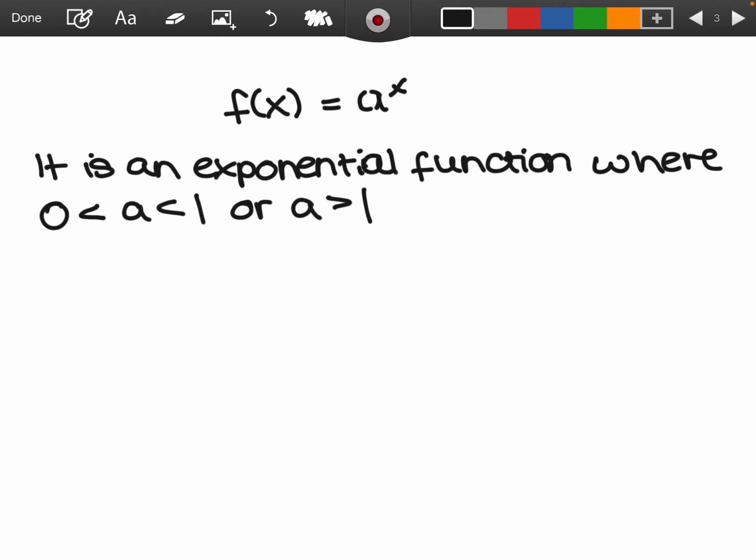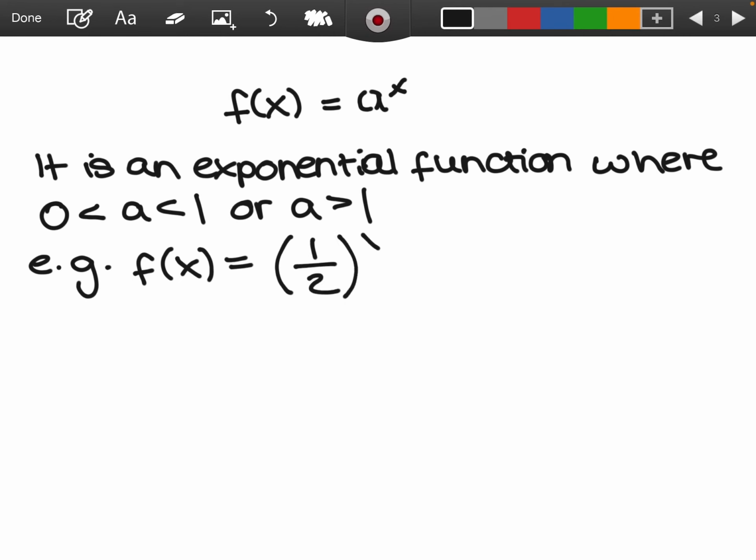I'm not considering the negatives. So we always consider an exponential function to look like f of x is equal to a to the power x. Remember, x is our variable, and a can be whatever number we like as long as it falls into one of these two parameters. So either a is between 0 and 1, or a is greater than 1. If that is the case, we have an exponential function on our hands.